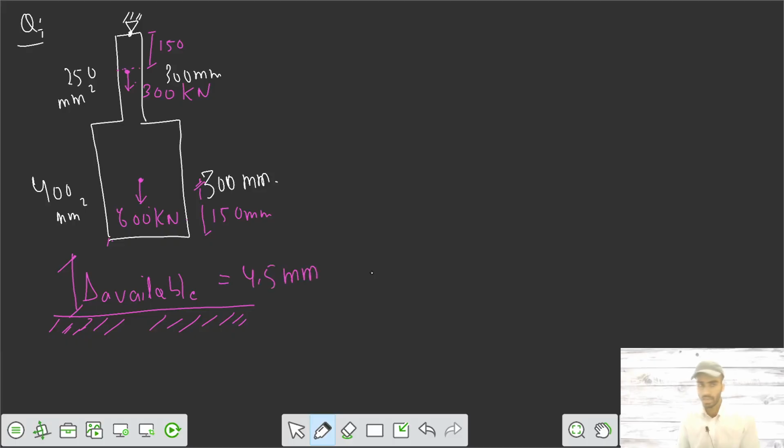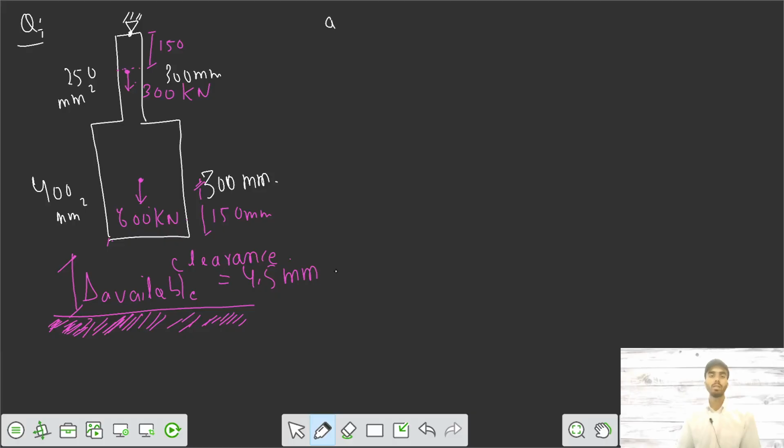So this is your clearance. It can elongate up to this point. After that, it won't elongate. That extra part would be restrained. So we can think of it in two separate ways.